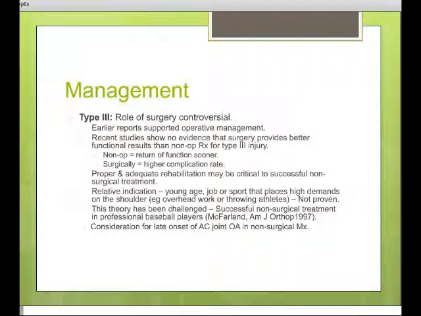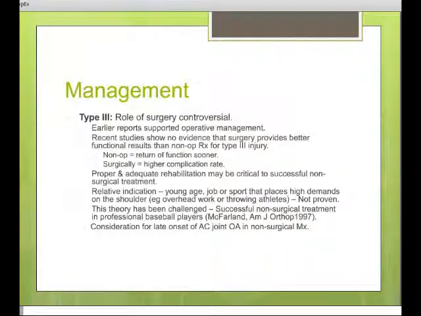Recent studies show that there's no evidence that surgery provides better functional results compared to non-operative management. With the non-operative approach, patients tended to return to normal function quicker than with an operative approach, so return to work or return to sports.